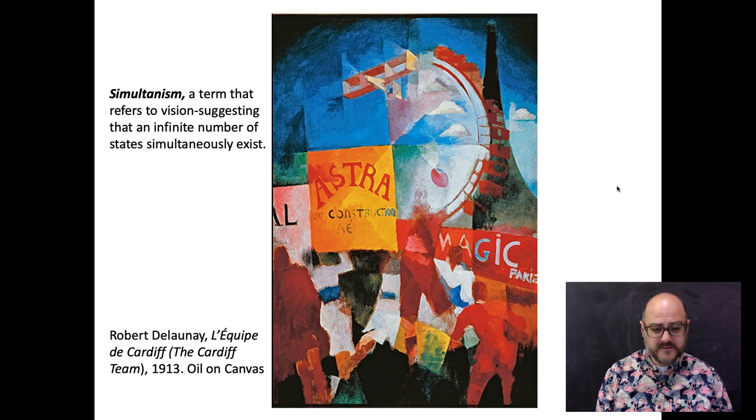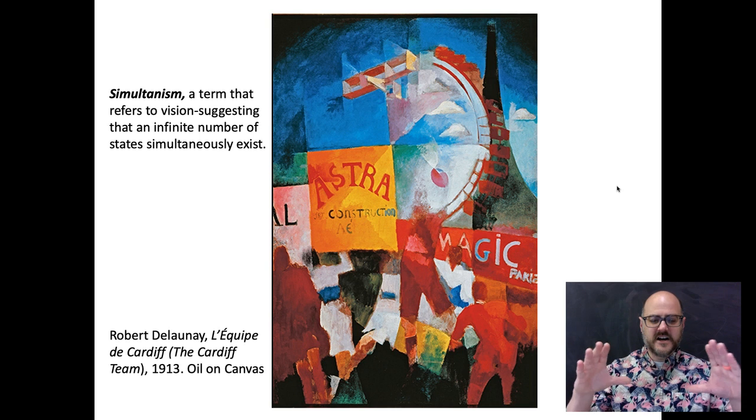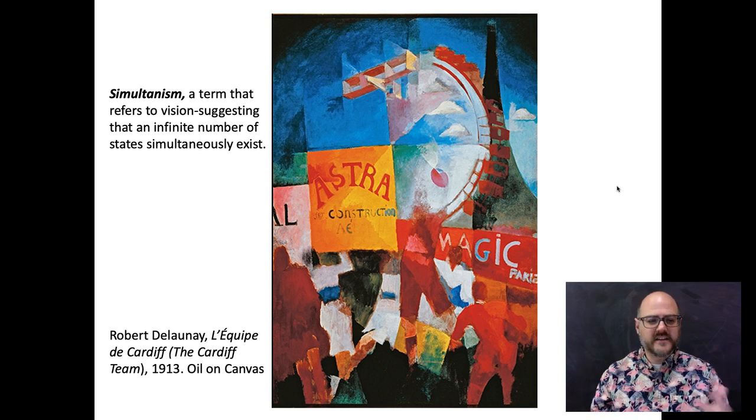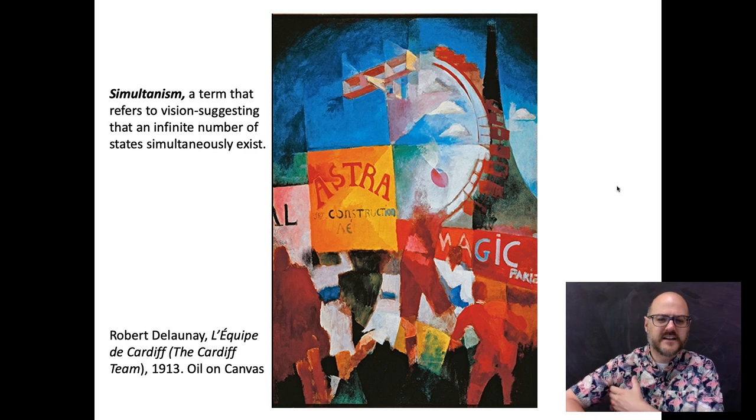Him and his wife, Sonia Delaunay, did a lot of color experiments, and we can see an emphasis on abstraction in this image. So they were really interested in science and how color was perceived. They would do these really interesting discs of color and then spin them to create these effects, and they wanted to show how painting could kind of reflect those new advancements in science and technology.